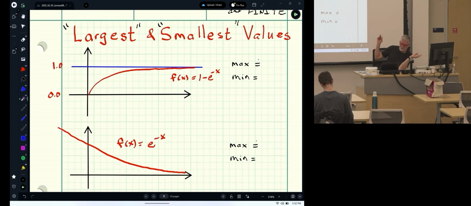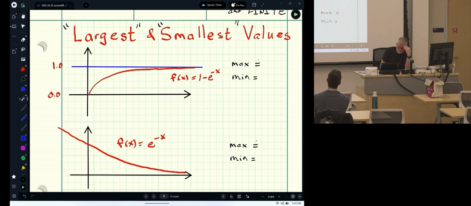Okay, so we're going to do optimization, where we're going to try to find the minimum value of a function or the maximum value of a function. So let's see if we understand what max and min mean. When we did Riemann integrals in general, we needed max and mins to exist in order to define the upper bound and the lower bound. But here's the issue.